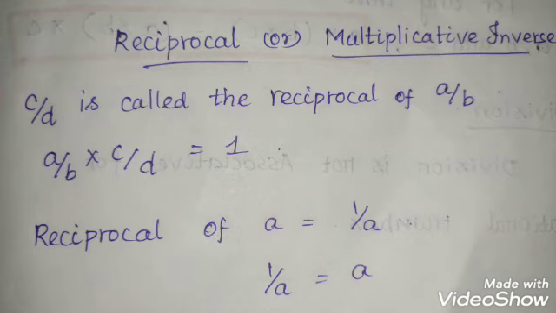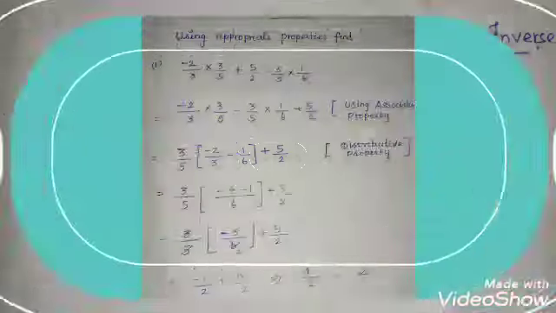If we multiply the rational number and its multiplicative inverse, we will get 1. So reciprocal of A equal to 1 by A, reciprocal of 1 by A equal to A. Is this clear?